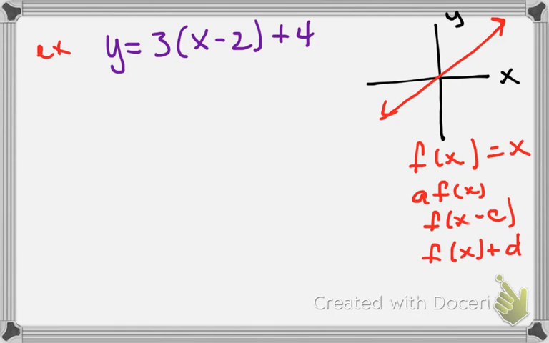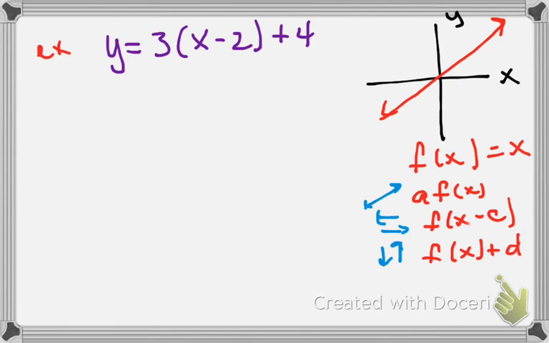And we discussed this all in the other videos, and all these mean something. This one controls the steepness, so that tells me if it's more or less steep. This one tells me how it shifts left or right, and this one tells me how it shifts up or down.